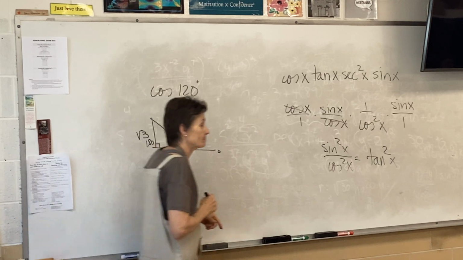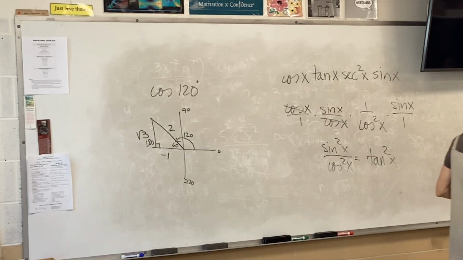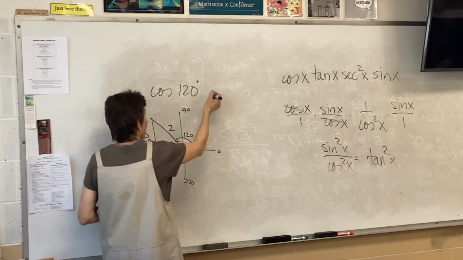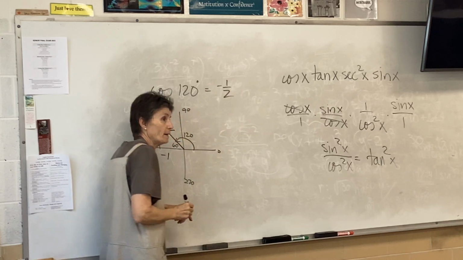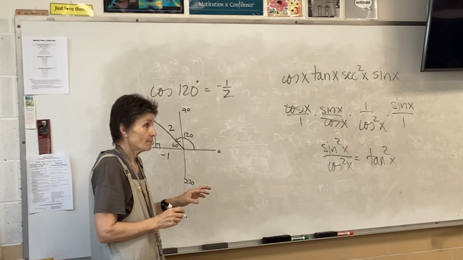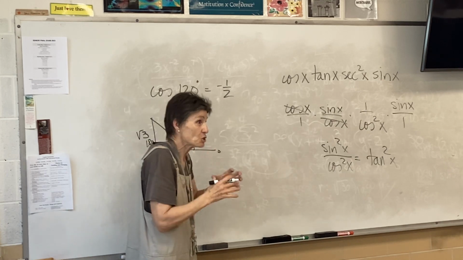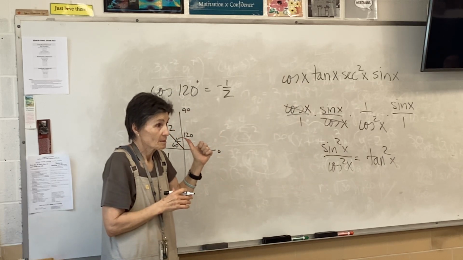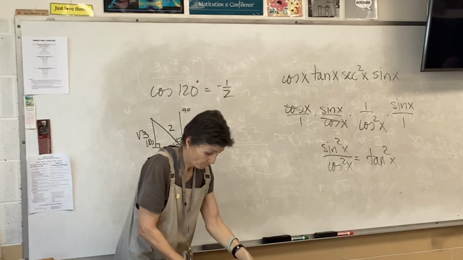Now, cosine is adjacent over hypotenuse. So adjacent over hypotenuse would be negative 1/2. All right? So the amount of memorization you have to do is minimal. But you have to know how to set these problems up so that you can use your formulas.